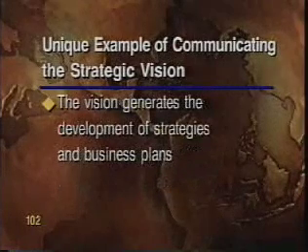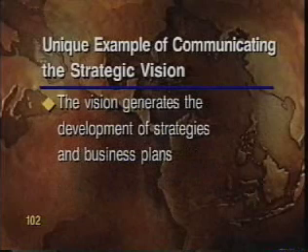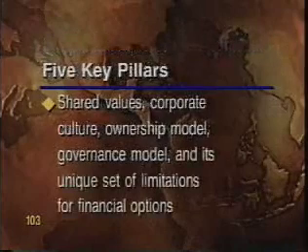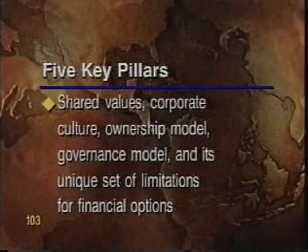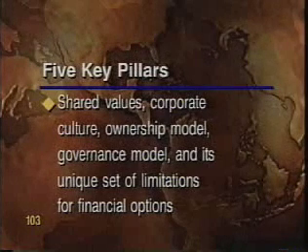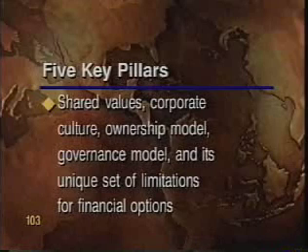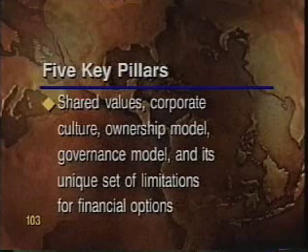That vision generated the development of strategies and business plans. Those elements rest on 5 key pillars, namely the shared values of the organization, the corporate culture, the ownership model of the company, it's an employee-owned company, its governance model, and the unique set of limitations for financial options created by the ownership and cultural components.